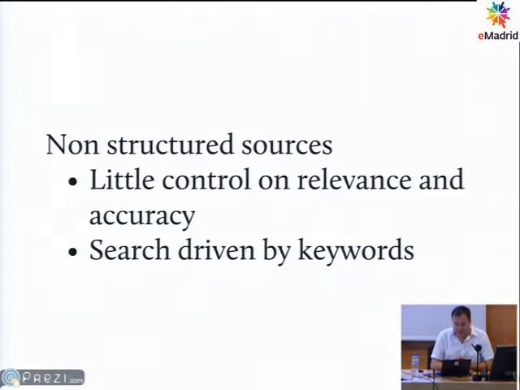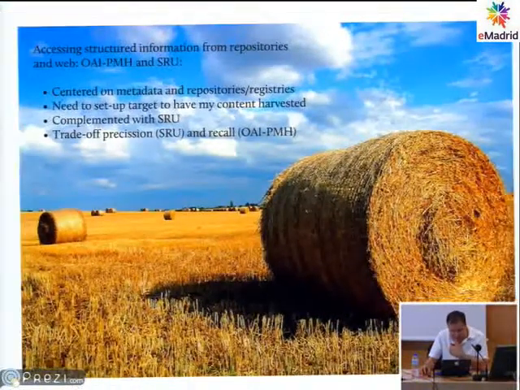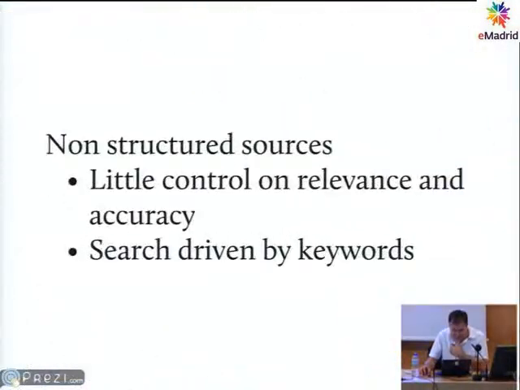We only have keywords to make the search, so we are also limited because we cannot make a very complex search. Well, we may say avoid this website or go only to this website, but we cannot structure the results very much.